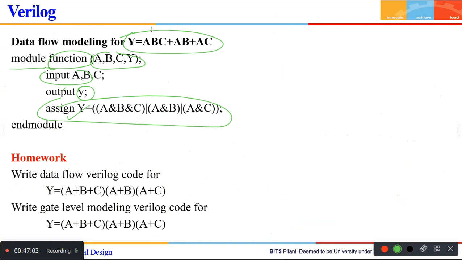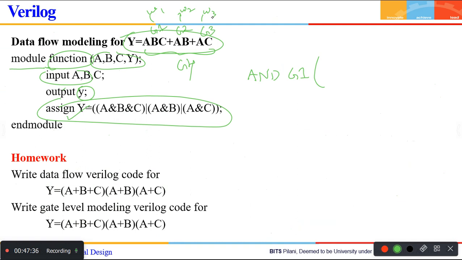So you use one AND gate here. This is gate 1, AND gate. And you use another AND gate, and another AND gate here. Then you use all this with another gate 4, which is an OR gate. Have you understood this? So now what do you do? First is your AND G1. You have to use wires. Output of this will come in W1, output of this in W2, output of this in W3.